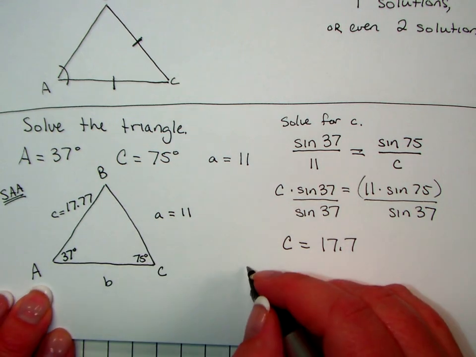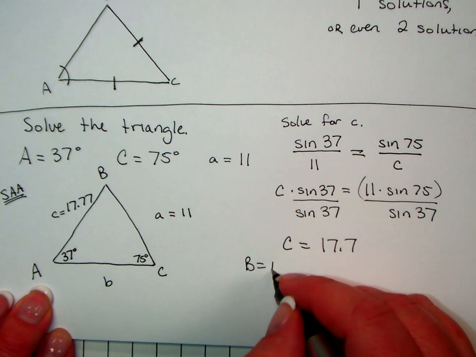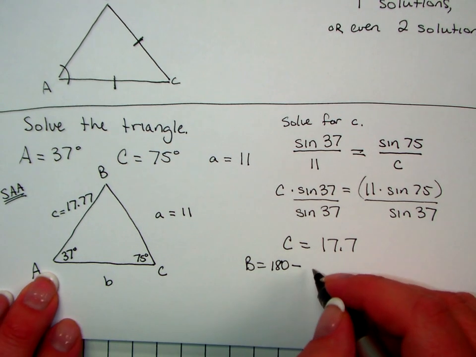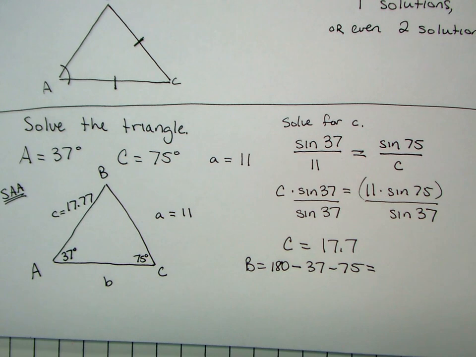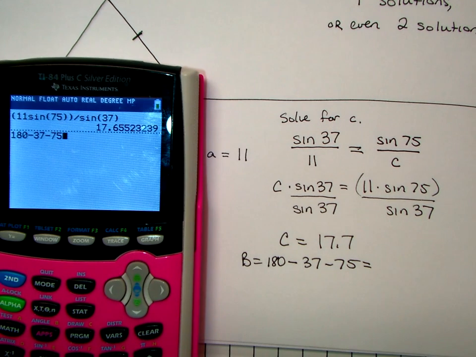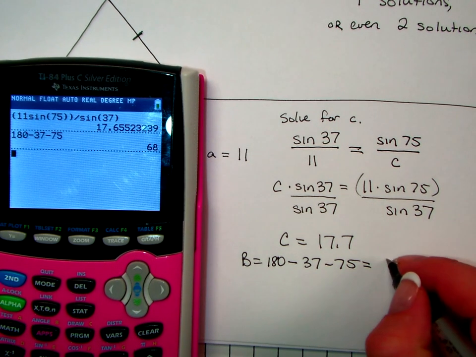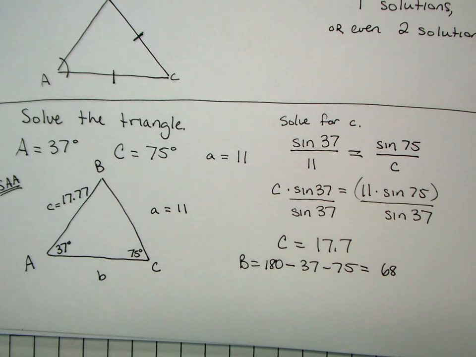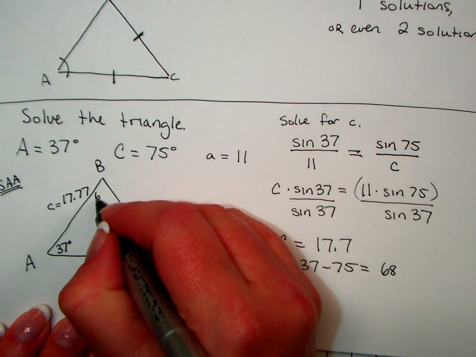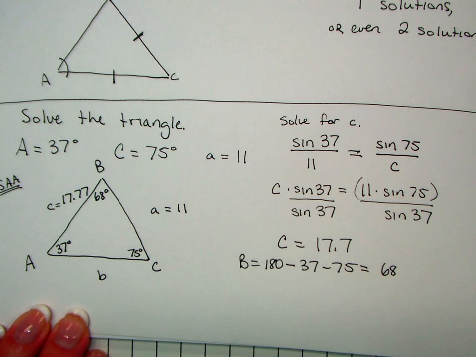So B is 180 minus the other 2 angles given. So 180 minus 37 minus 75. I just punched that into the calculator, and I'm getting 68. So this is the measure of angle B. Angle B is 68 degrees.